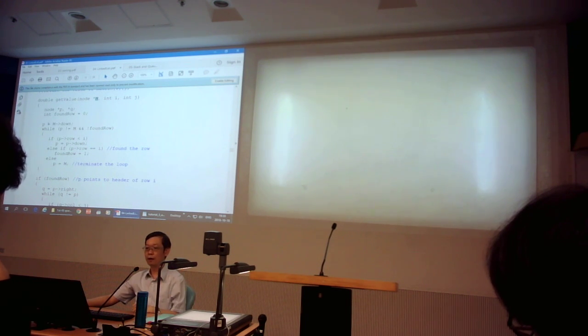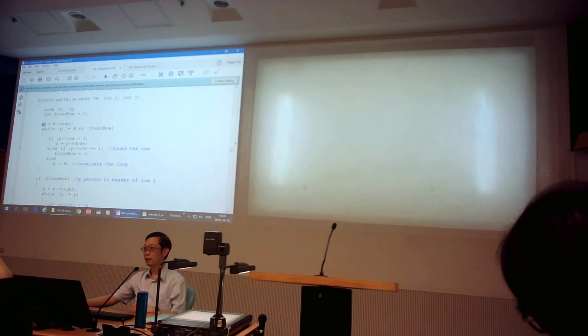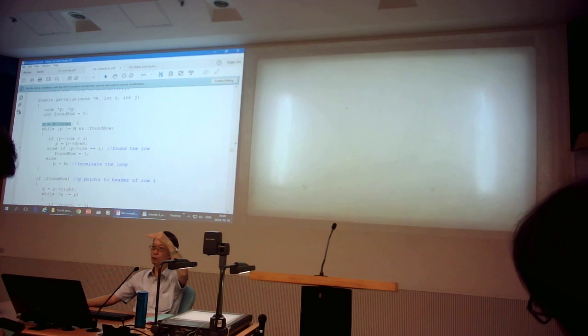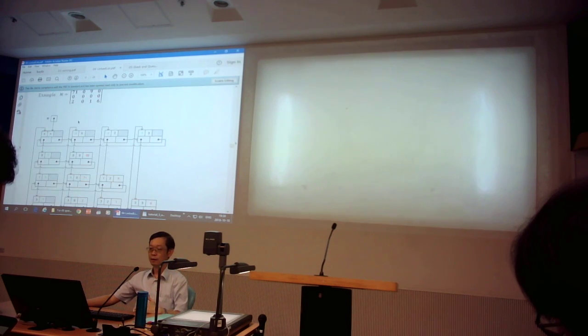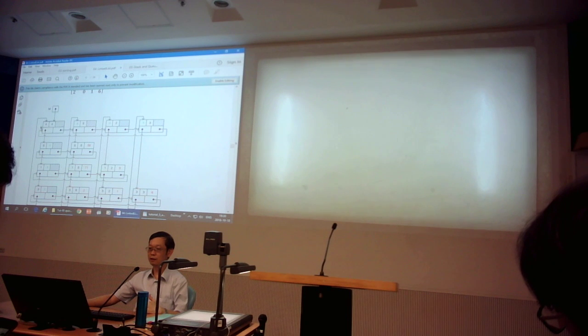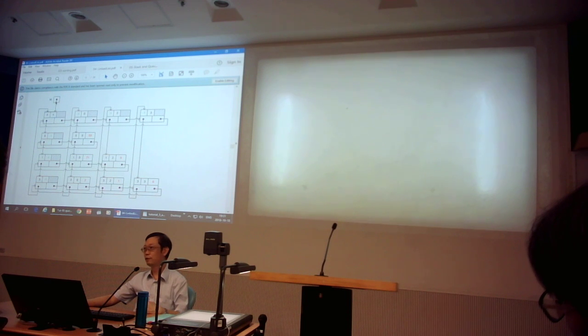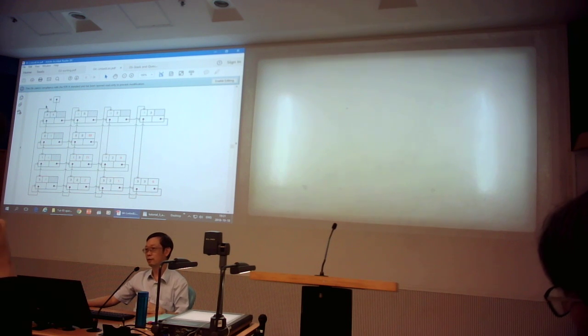So we will do a search, using a pointer variable p. P starts from the node below m. This is node m, and p will start from this node. When you write a loop to process a circular list, the termination condition will not be testing if the pointer is null.